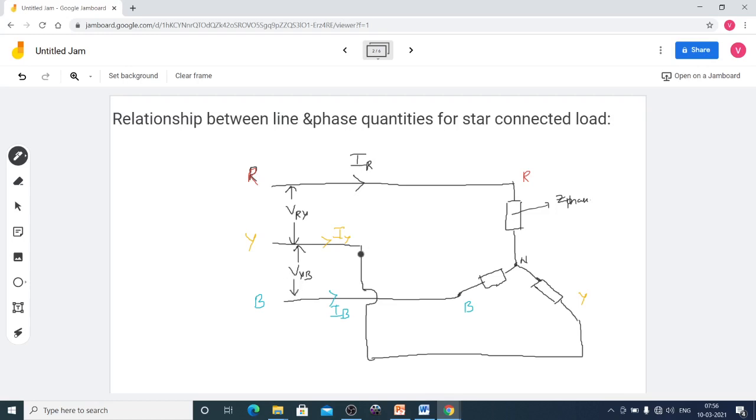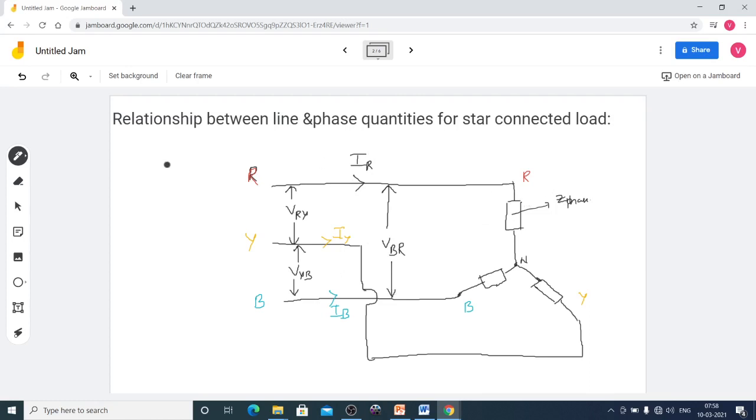The line voltage between the R and B phases is VBR. Okay, so these are the line currents, and these are the line voltages.